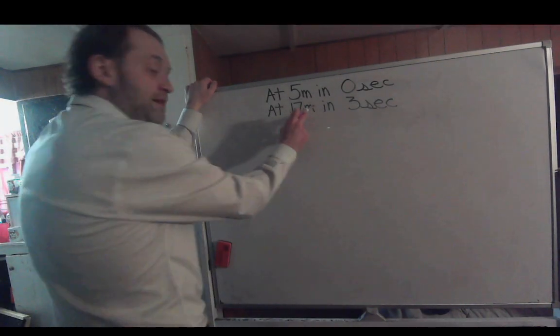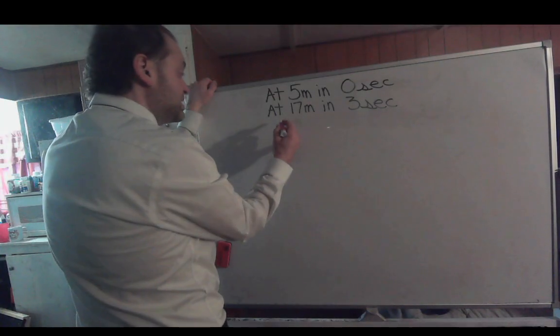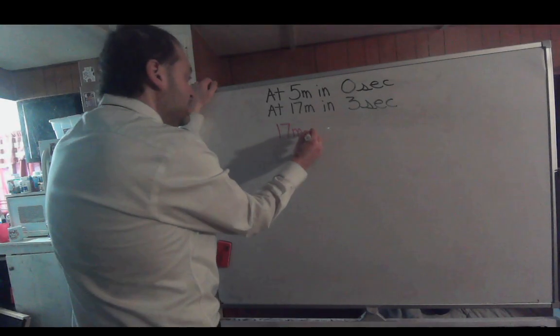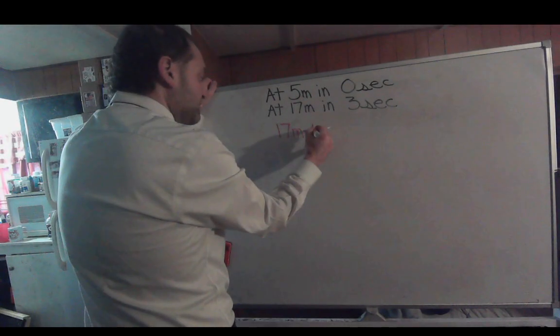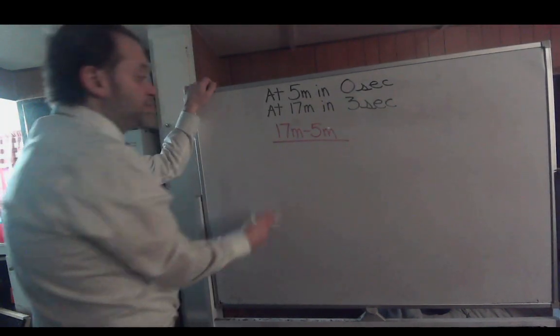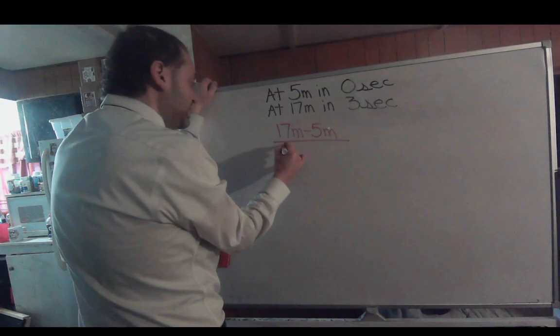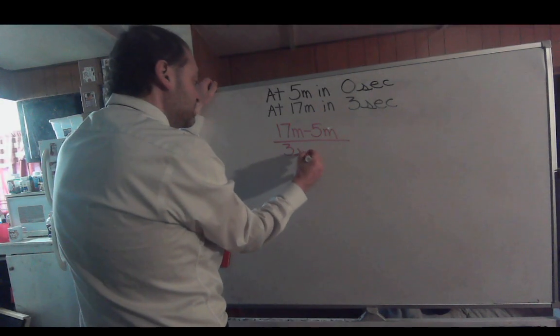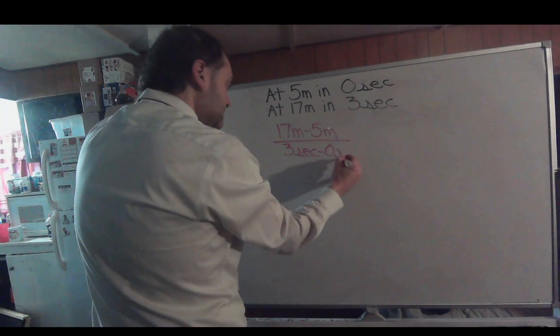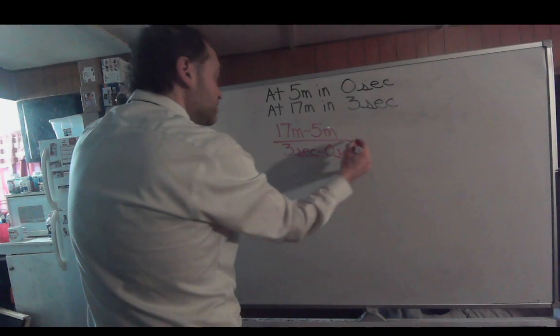That means my y variable is meters. So I'm going to take my second distance of 17 meters minus my first distance of 5 meters. Divide that by my second time of 3 seconds minus my first time of 0 seconds to figure out my rate of change.